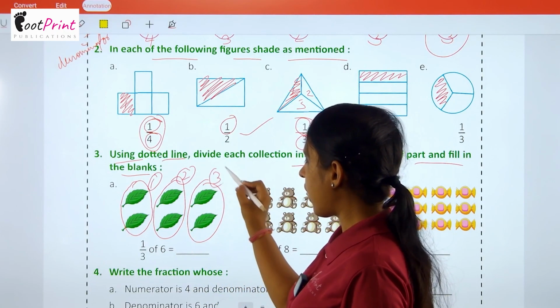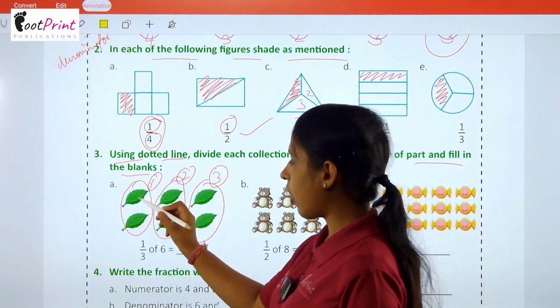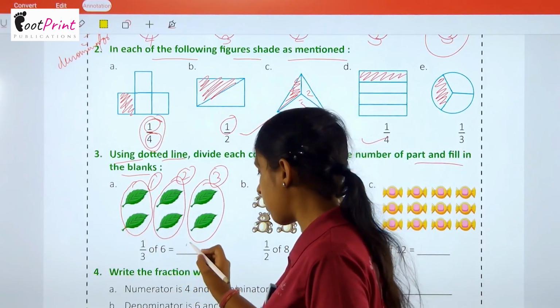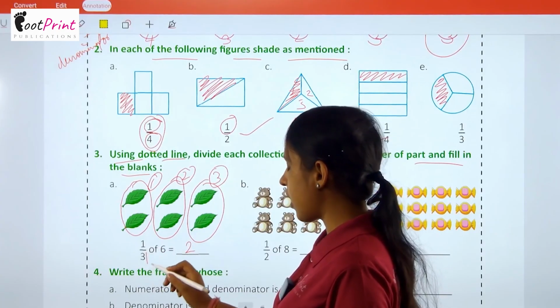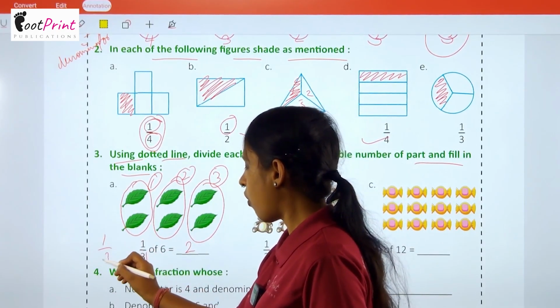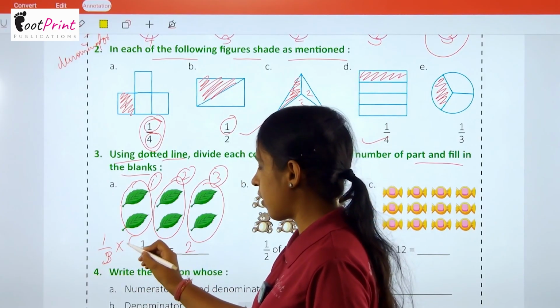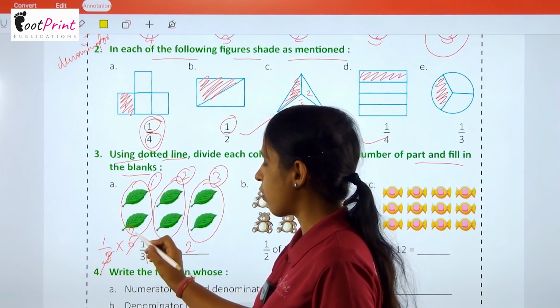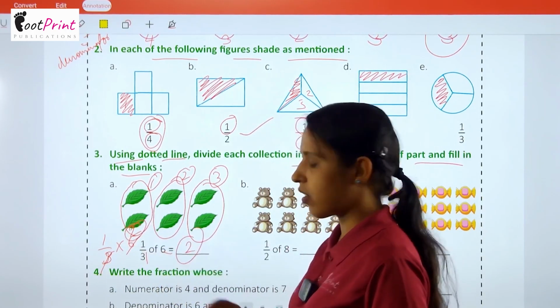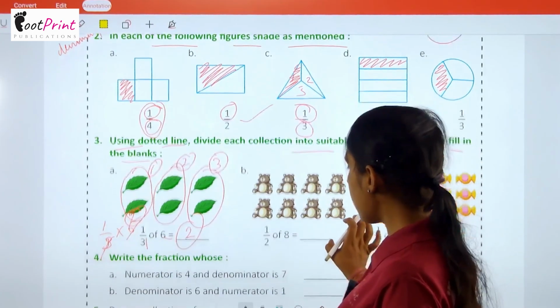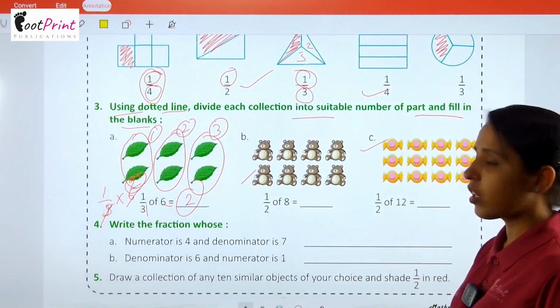And in each part how many leaves do we get? 2 leaves. 1/3 of means multiplication, and 6 is there. 3 ones are 3, 3 twos are 6, 2 is coming. So our answer is 2. Okay, just like that you have to solve this one also.